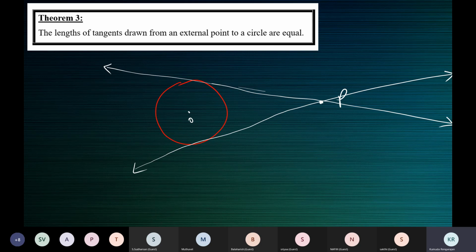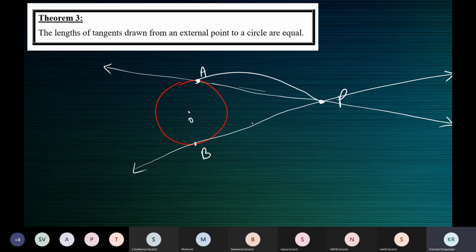So which is the tangent segment here? If you mark the points of contact as A and B, the distance between the point of contact and this external point is the tangent segment.